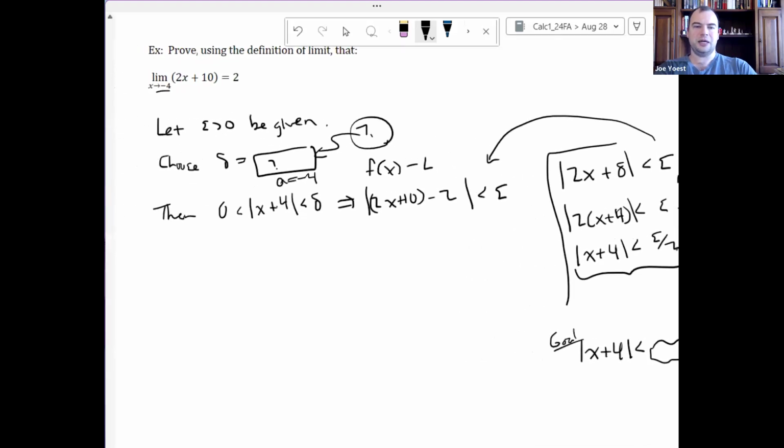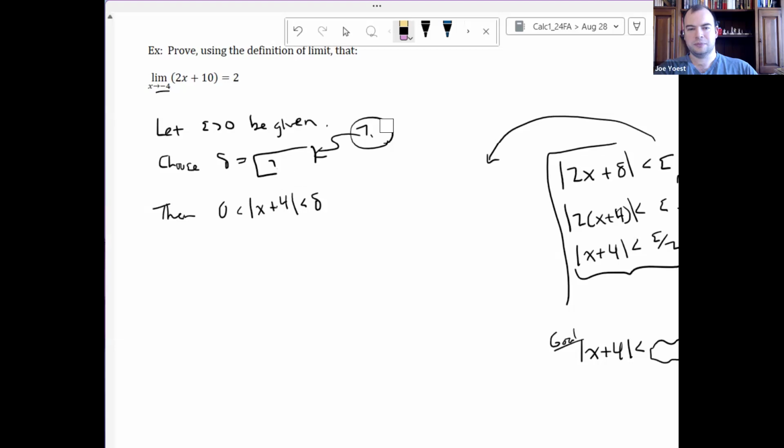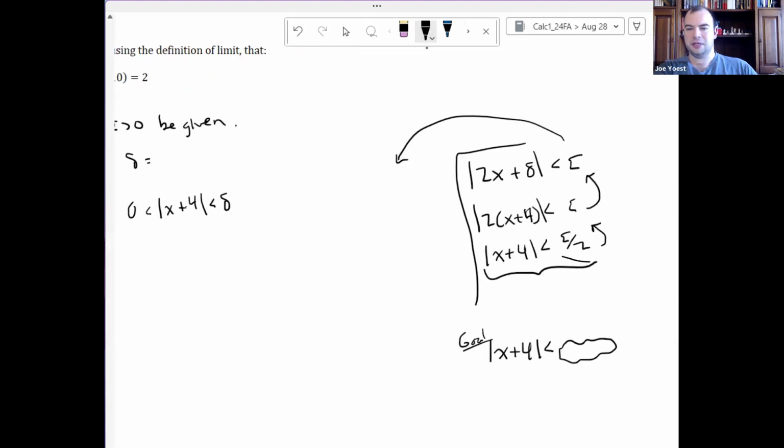Okay, so what does my proof look like then? Let me erase this bit. So I've decided that I want delta to be epsilon over 2.